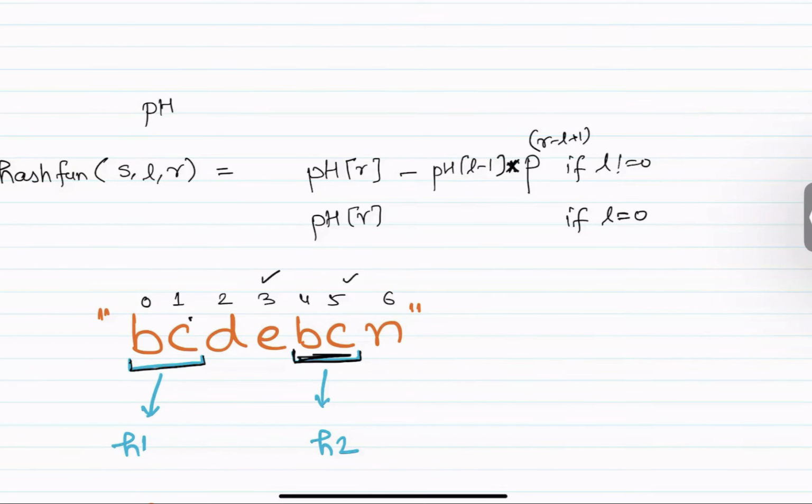Here you are computing the hash of a 2-length string, and the length is R minus L plus 1, 5 minus 4 plus 1. So that is what you multiply with. Is that clear? And in this case, it won't matter. We'll directly use PH of R.